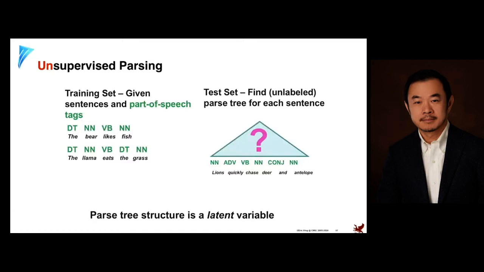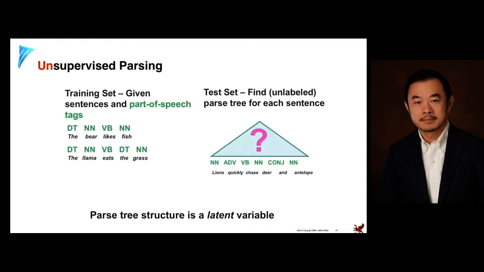So here is one possible application. Remember our sentence parsing application I mentioned earlier, right? In the past, we relied on a supervised technique where the user has to label both the language sequence and also the hidden trees of the parsing.